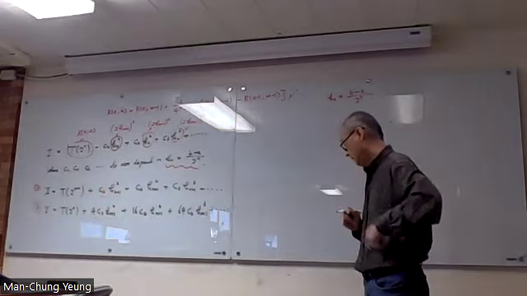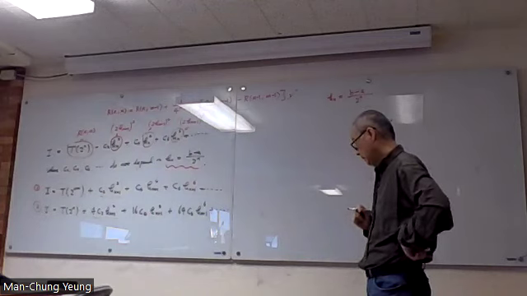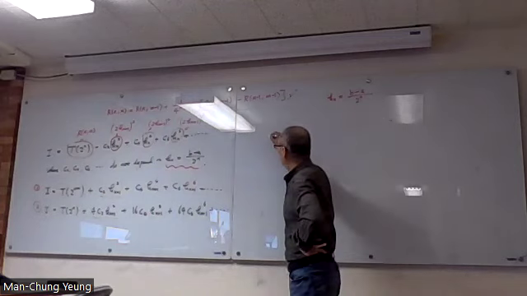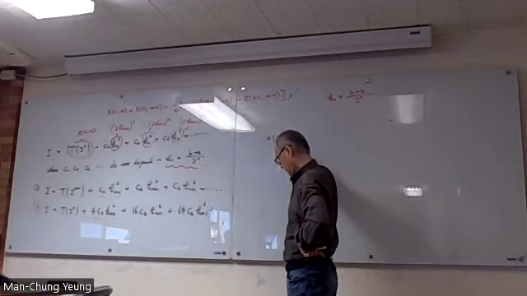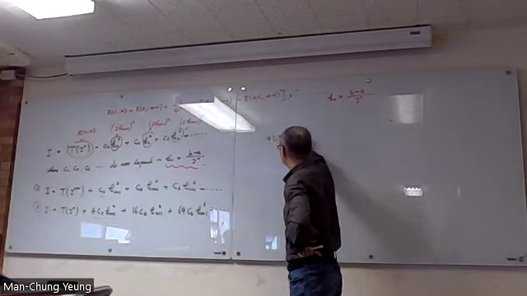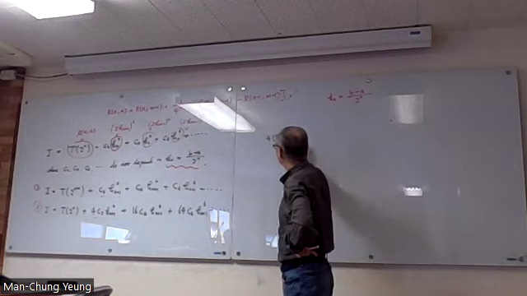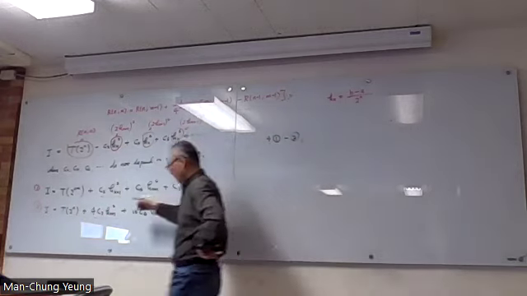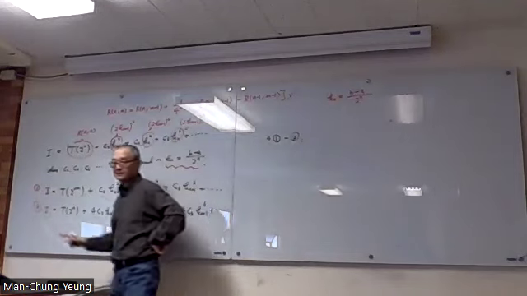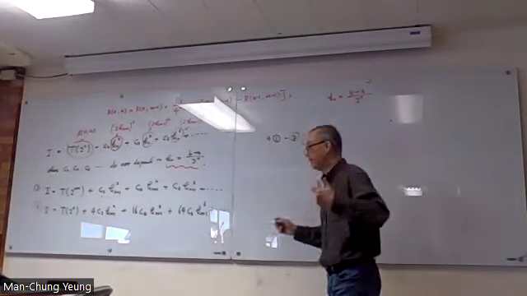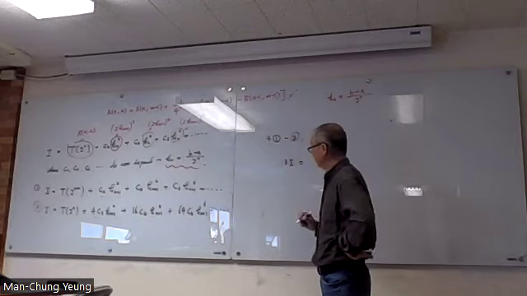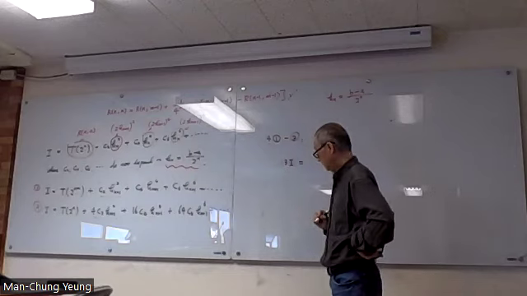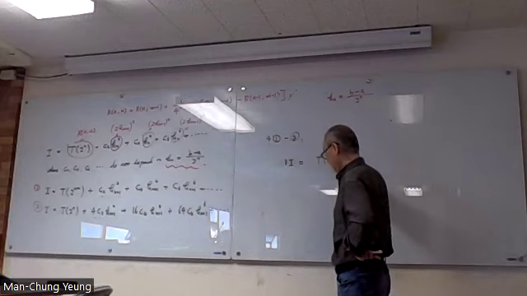Let me see: 4 times equation 1 minus equation 2. Then again, 4 times, then minus. This is equation number 3.